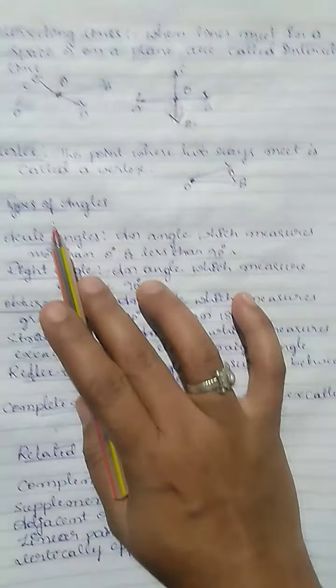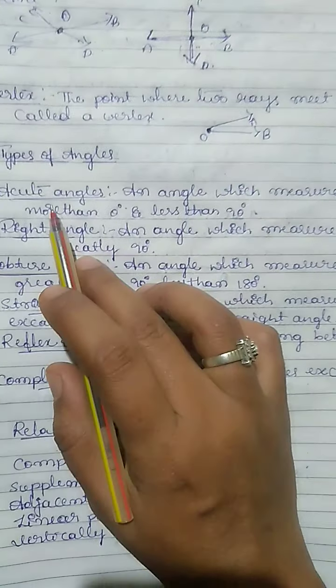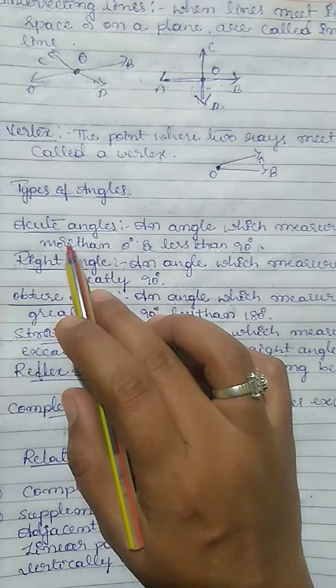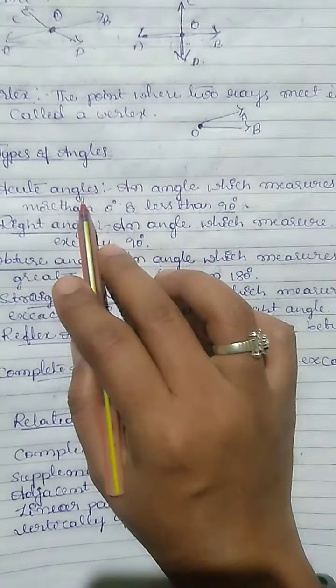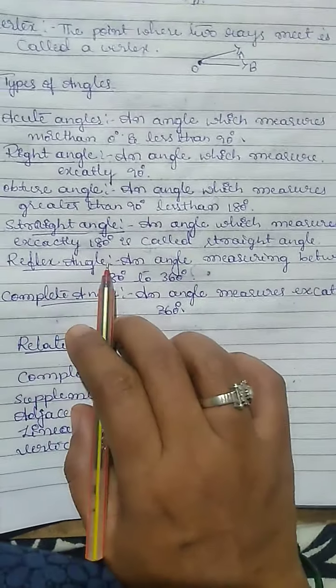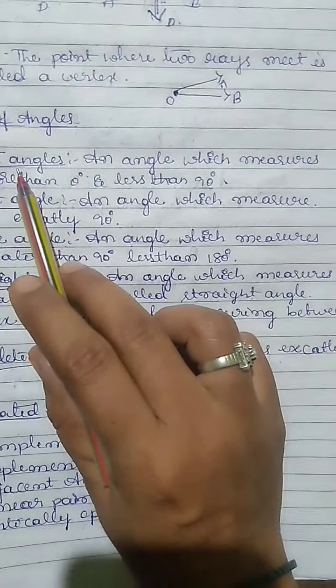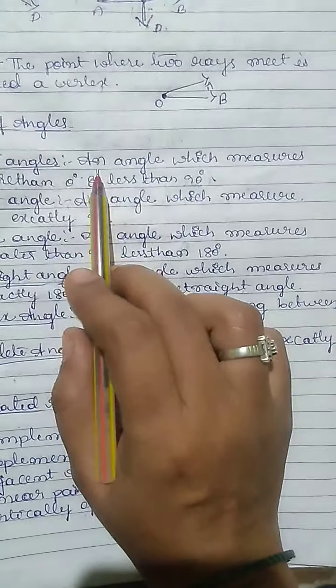Next, let us learn the types of angles. As you learned, tell me what are the different types of angles? Acute angle, right angle, obtuse angle, straight angle, reflex angle, complete angle. Then what is an acute angle?